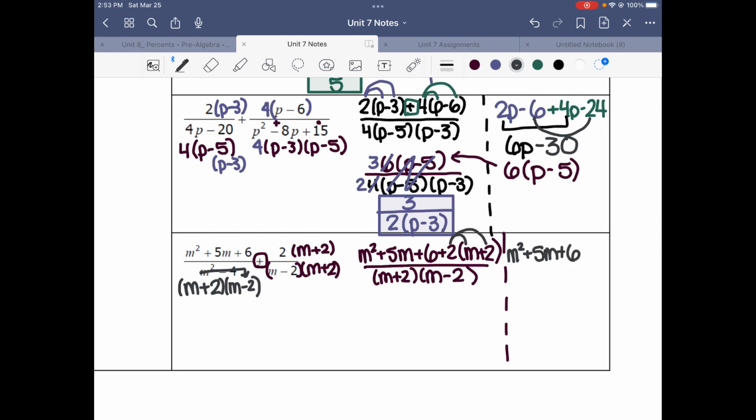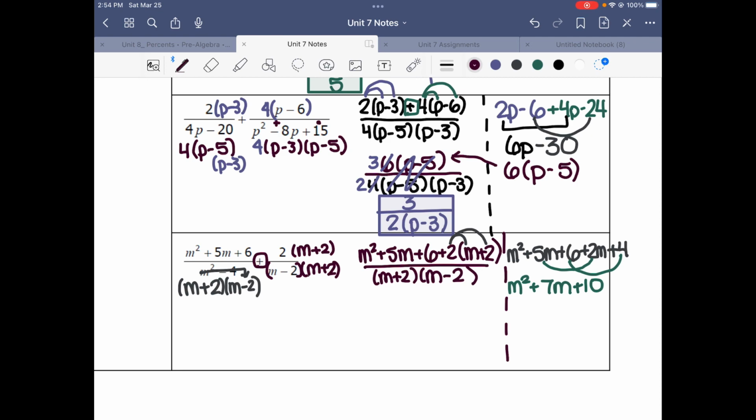I already had that. And now I'll have 2m plus 4 left at the end. And I need to add the m's together. 5m plus 2m is 7m. And the constants together, 6 plus 4 is 10. The m squared didn't have anything to combine with, so it's just still m squared in front.